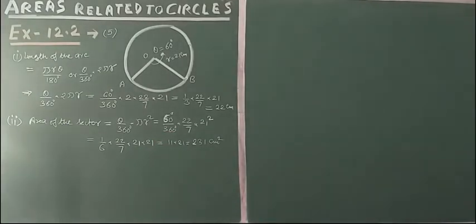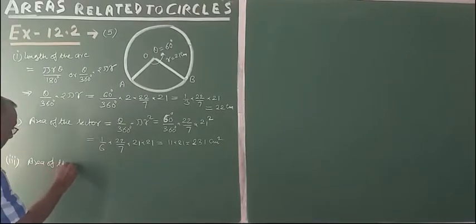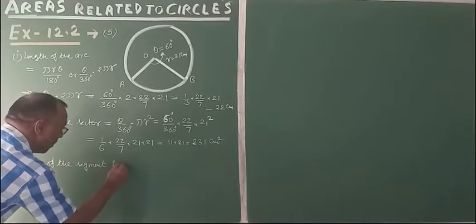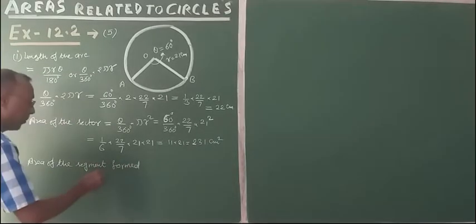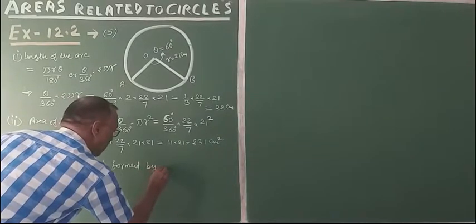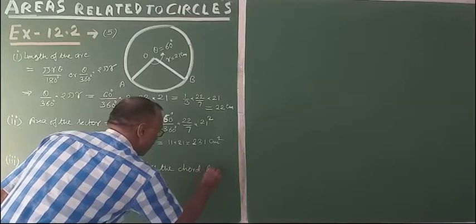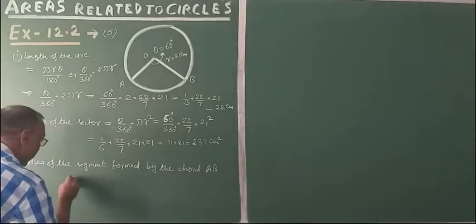And this is the third part: area of the segment formed by the corresponding chord AB.